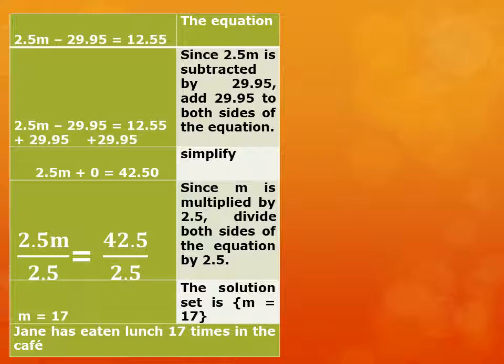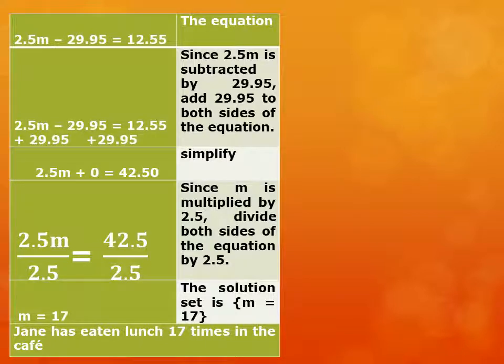So it becomes 2.5M minus 29.95 plus 29.95 is equal to 12.55 plus 29.95. Then we are going to simplify. Negative 29.95 plus 29.95, that is 0. Then 12.55 plus 29.95, that is 42.5.